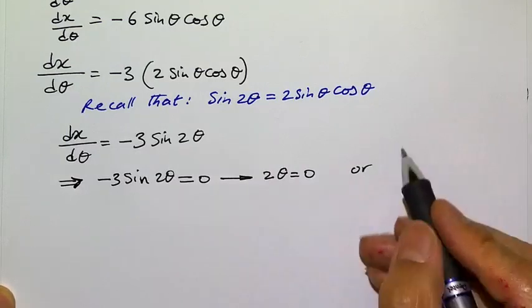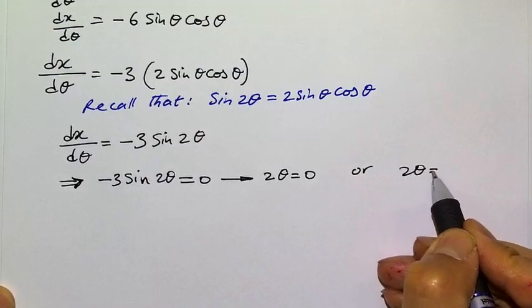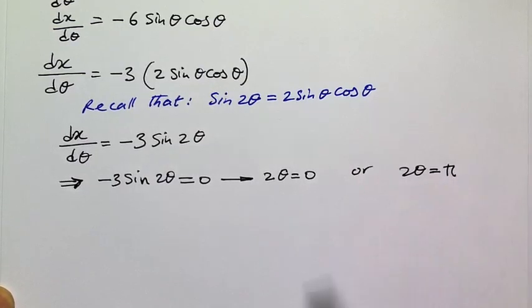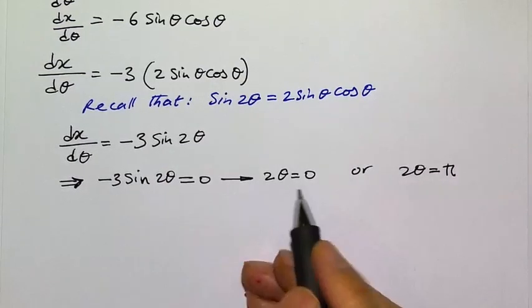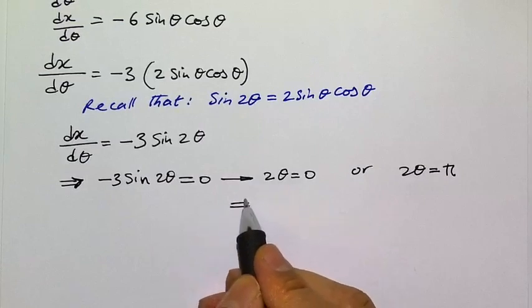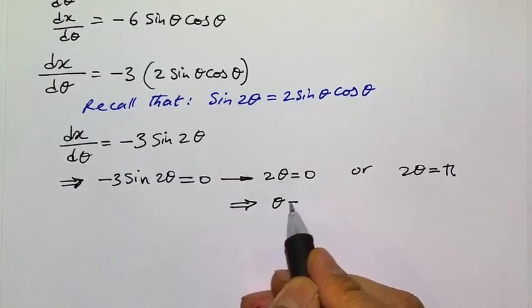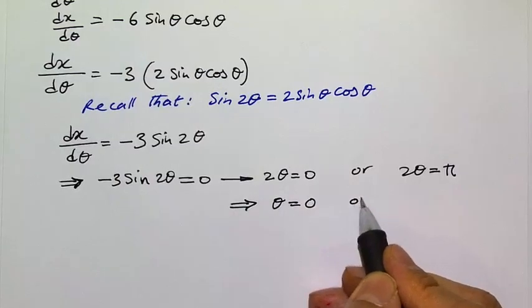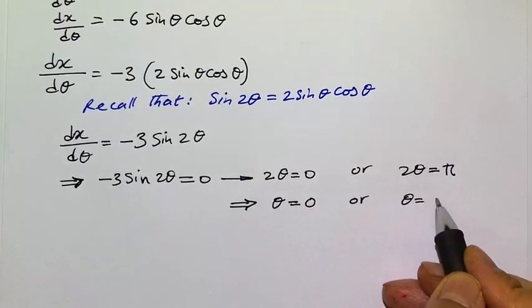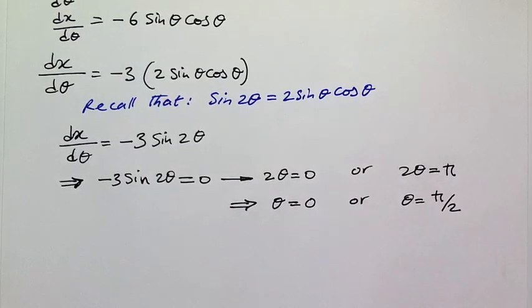Pi, right? So 2 theta must be equal to pi. So we're looking for theta, which means from this equation theta must be equal to 0, or from this equation theta must be equal to pi over 2. Okay.